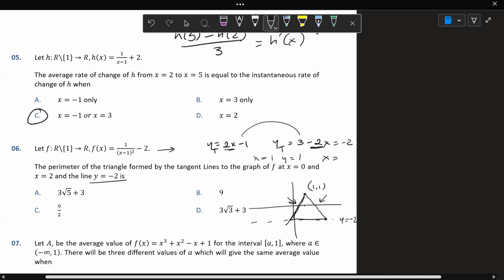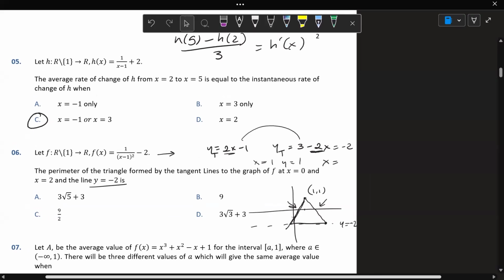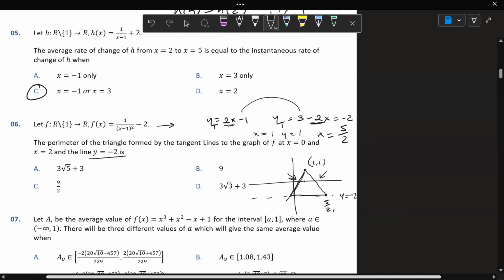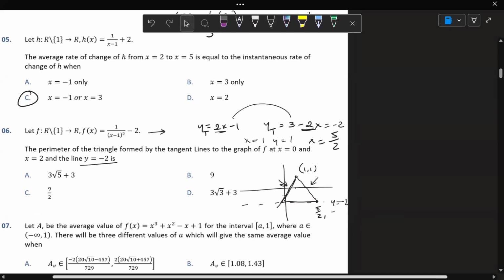X would equal, let's see. Actually, yeah, 3 minus 2x equals -2. X is equal to 5 over 2, I think. Yeah, okay. So this is 5 over 2, and the point is, well, -2.